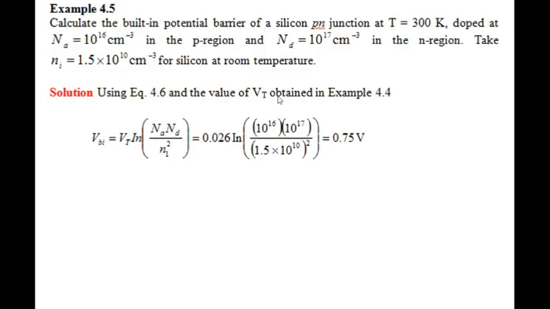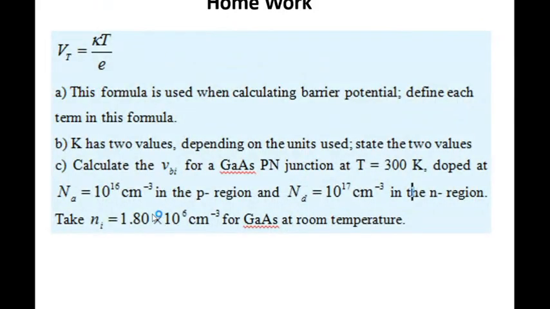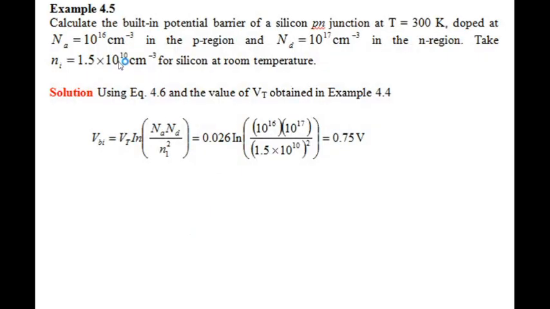So this is the homework, and in the notes which I gave you, this homework is there. Please do it. So look, for silicon, it was this one. For gallium arsenide it is 1.8 times 10 raised to power 6. This is 10 raised to power 10.